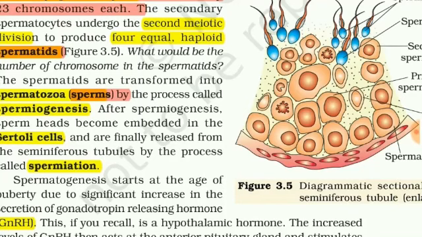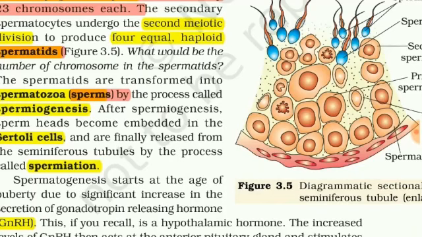After mitosis division, it produces primary spermatocytes. Primary spermatocytes are also 2n, with 46 chromosomes, because they are produced by mitosis.